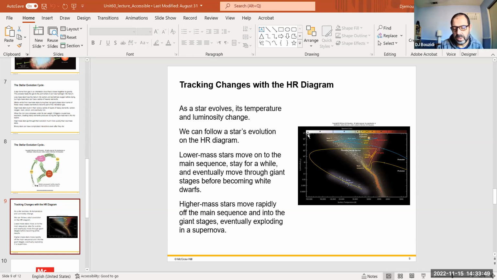Remember the classifications that we had from the previous units? That is the main sequence stars. A protostar will evolve from being super cool, its temperature very low, until it reaches a point where hydrogen starts to fuse, and the size also changes with it.